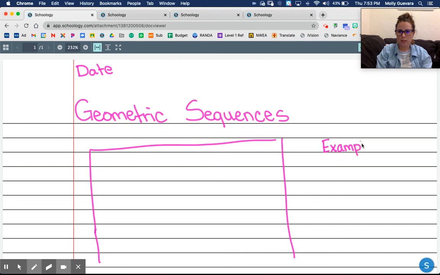So we're going to call this example 4. Just anywhere on your paper that you have room is fine. But I want to look here at what happens if you're dividing by a number every single time. So let's look at the sequence 48, 24, 12, 6, dot, dot, dot, right?